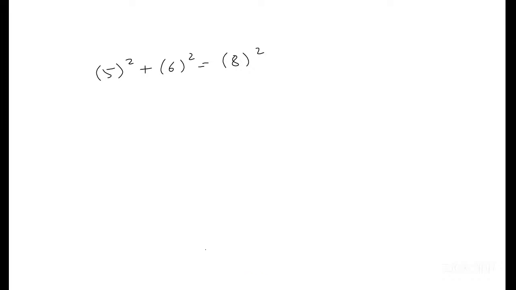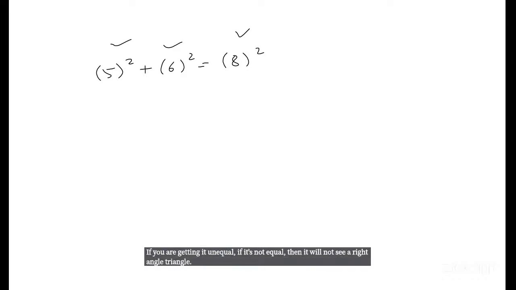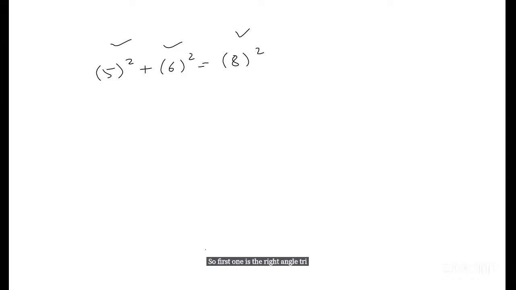If you get this, then it will be a right angle triangle. If it's not equal, then it will not be a right angle triangle. So the first one is a right angle triangle, the second one is not. Hope this is clear.